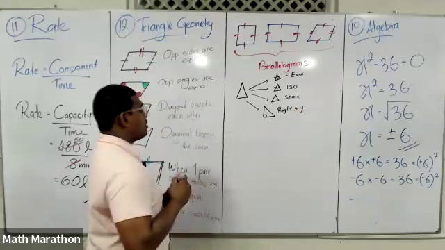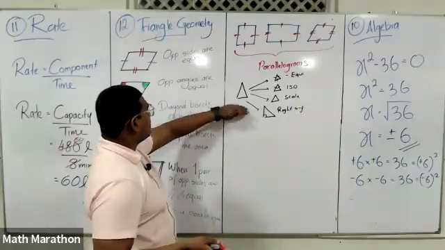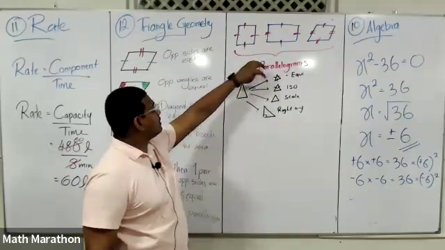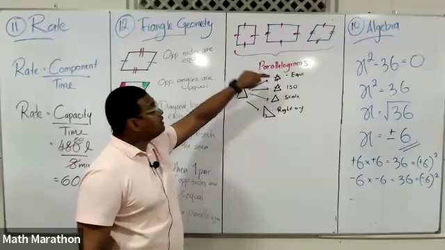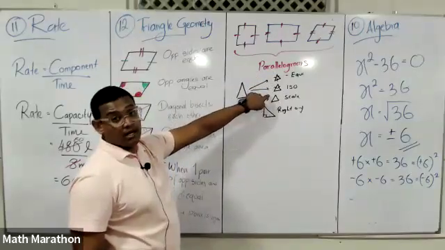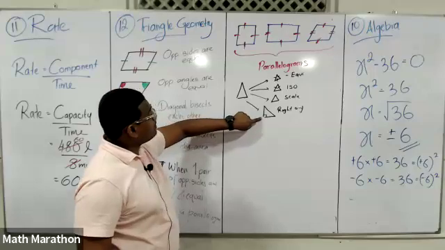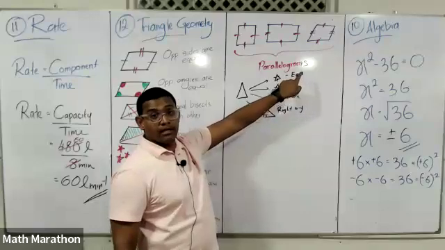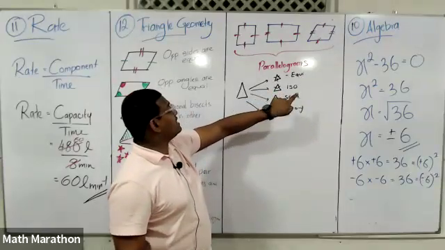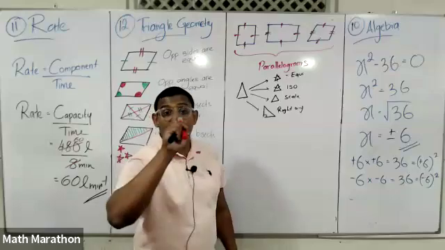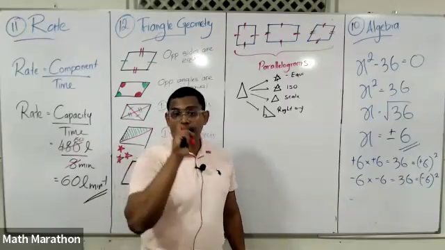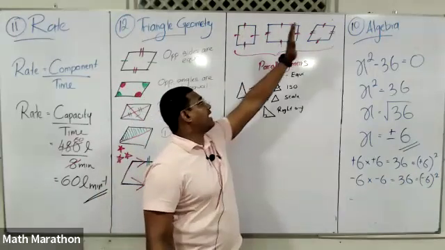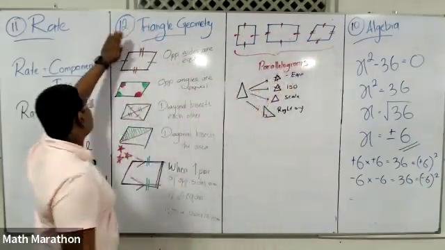Likewise, for triangles, depending on different properties, I give them a special name: equilateral, isosceles, scalene, right angle. Likewise, the mother of square, rectangle, and rhombus is what? Parallelogram.